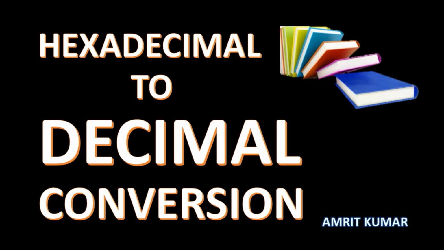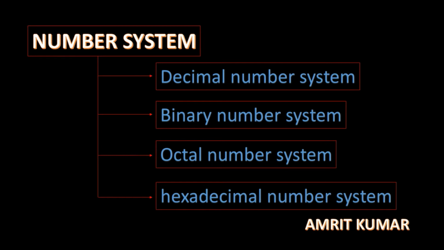So let's move on. Number system. As we have said, the number system has been classified into four categories: decimal number system, binary number system, octal number system, and hexadecimal number system.